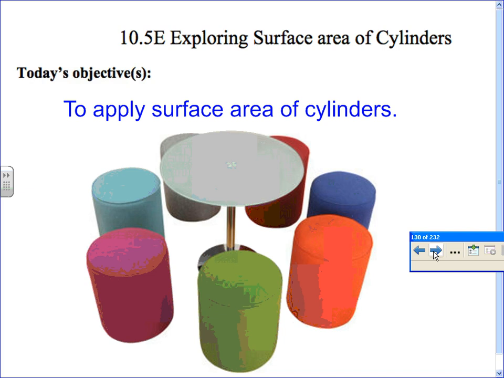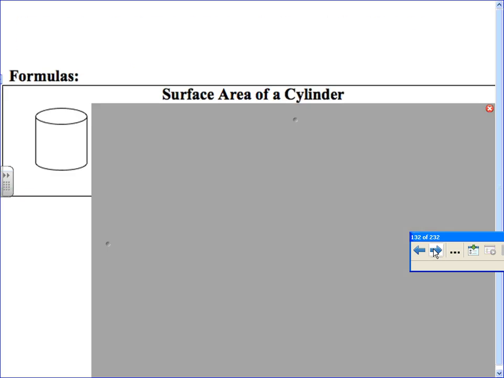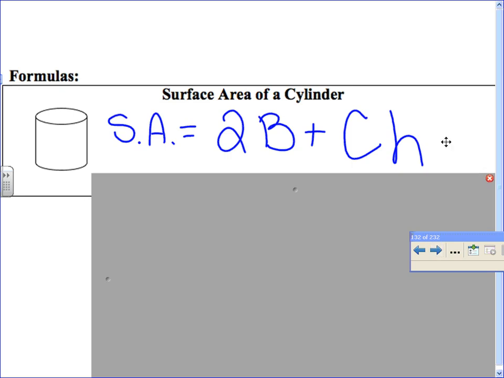Donatus? Okay, so you and Jeremy kind of similar, but kind of different. What formula do you think I'm going to give you today? Annalise? Good. So let me go right to this. Now, 2B plus pH, however, why do I have a C?